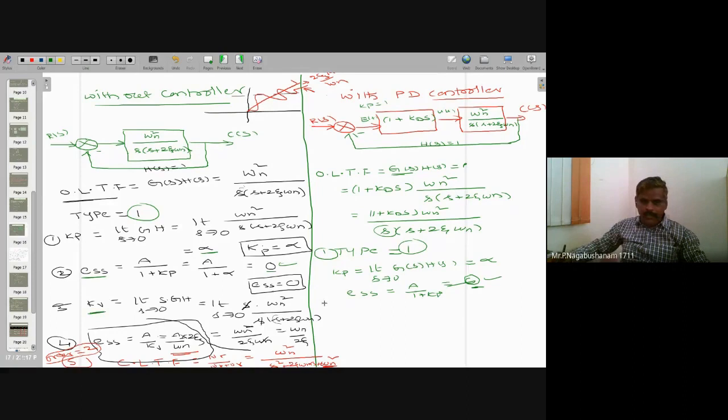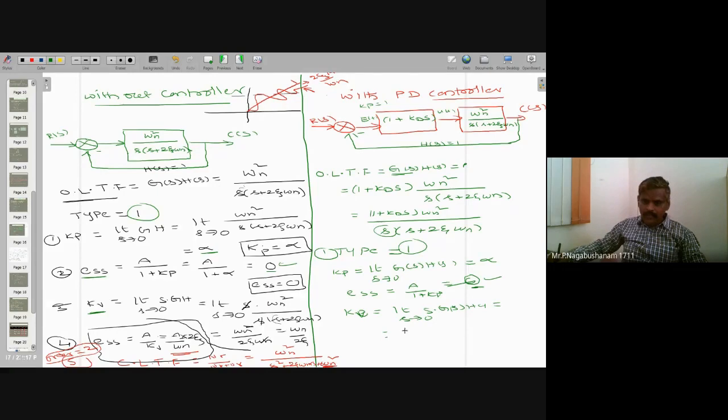Kv formula, limit. Sorry, Kv, not Kp. Kv equals limit S tends to 0, S into G of S, H of S. If you replace G of S, H of S, this entire one, this S and this S will get cancelled.